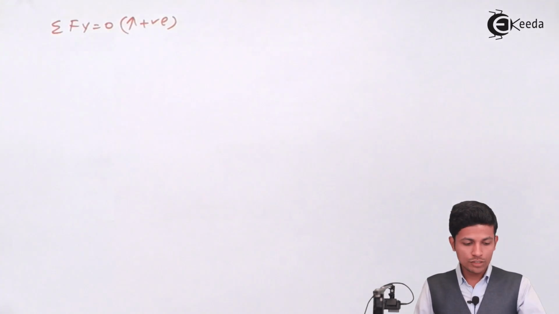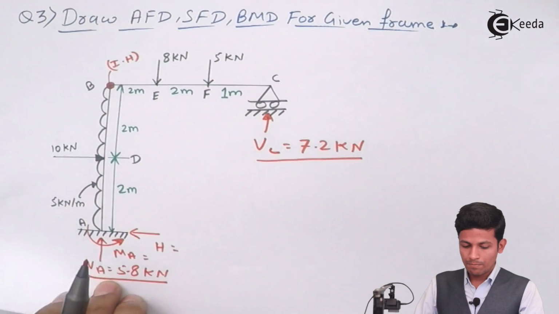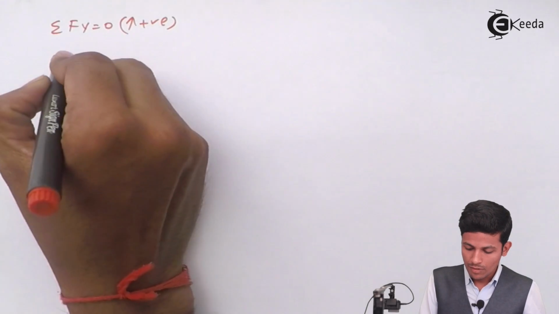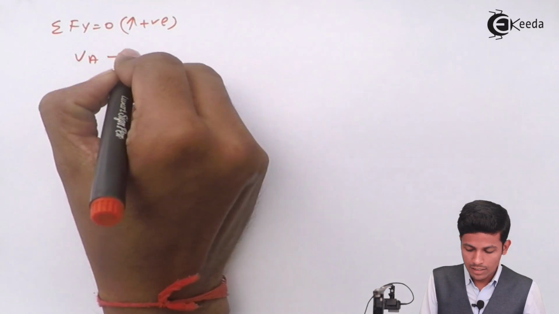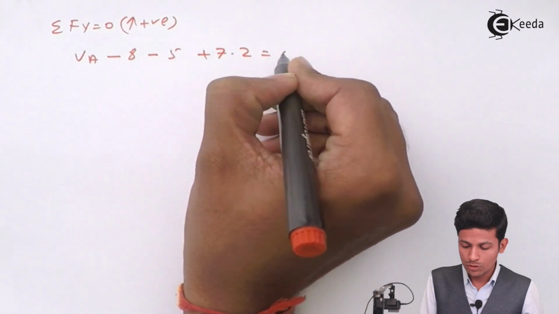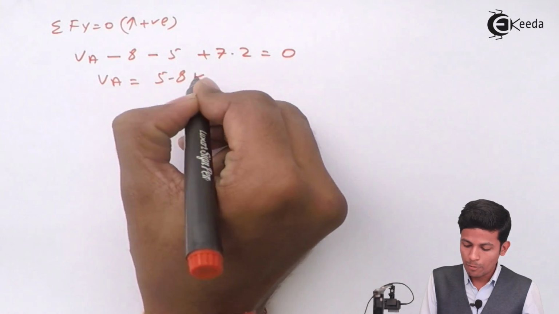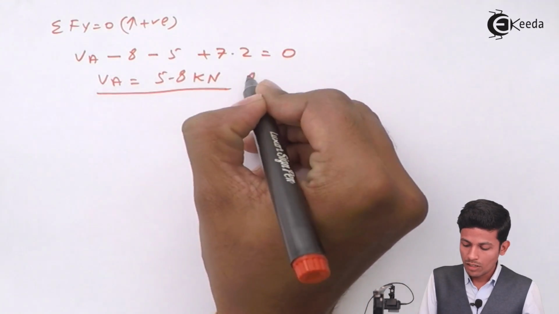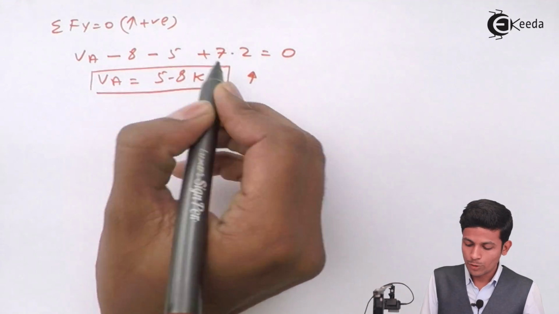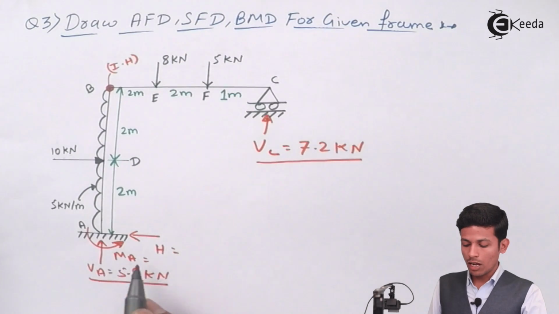See, VA minus 8 minus 5 plus 7.2 is equal to 0. While solving this, VA will be 5.8 kilonewton upward. Write it over here, 5.8 kilonewton upward.